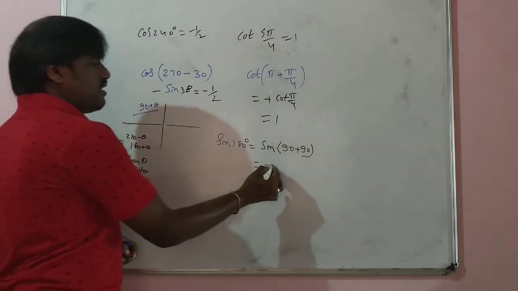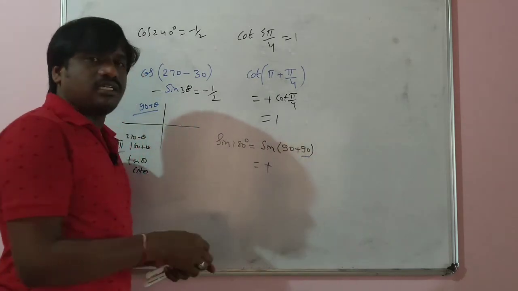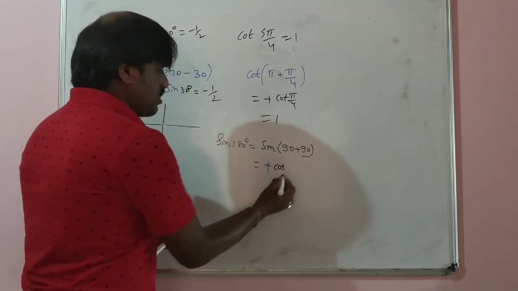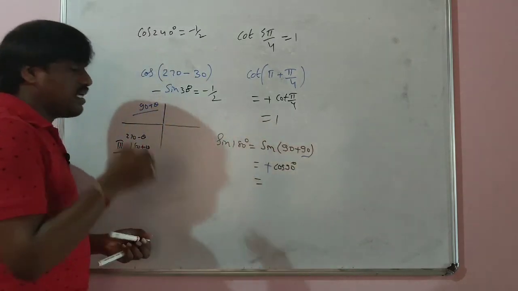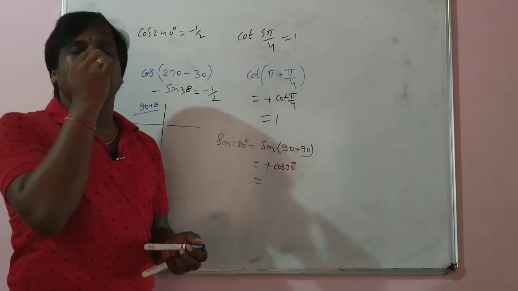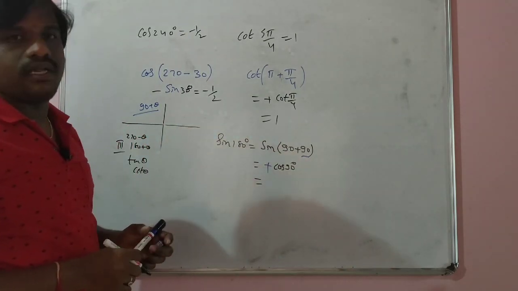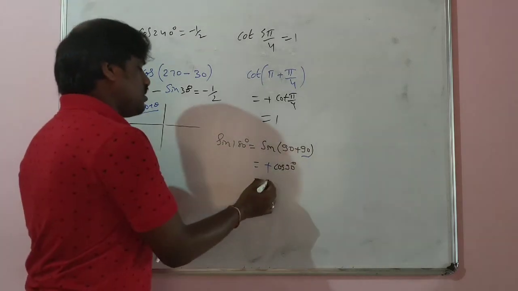Sine is positive here. With 90, sine changes into cos, so I am going to get cos 90. What is the cos 90 value? 0, right? So sine 180 is 0. Understood what I said? So the answer is 0.